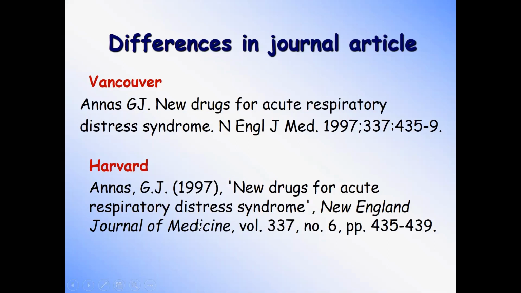As I said, it says New England Journal of Medicine. Now I'll give you one clue here. If you look at some journals like British Medical Journal, I think before 1997, it was Br Med J. So if you are citing articles from before 1997, you will write it as Br Med J. After 1997, it changed from British Medical Journal and became BMJ.